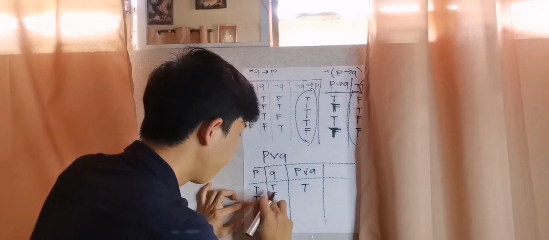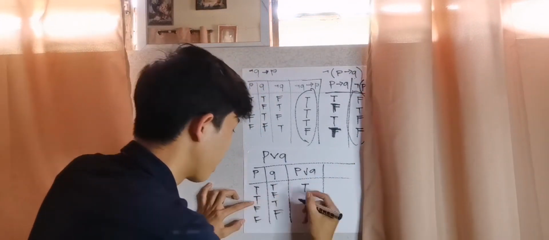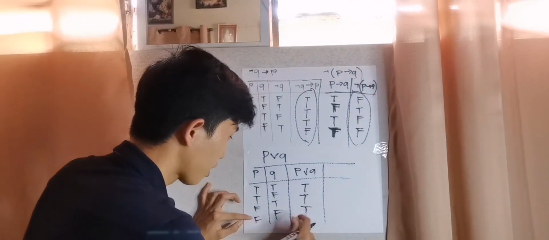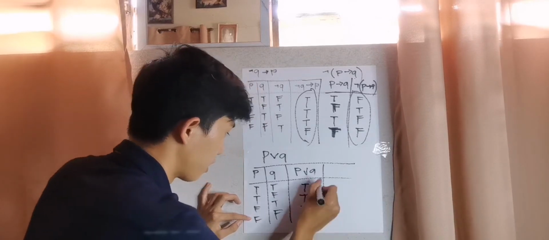True and false, our answer is true. False and true, our answer is true. Then since false and false, our answer is false.